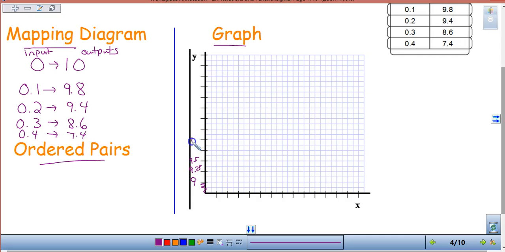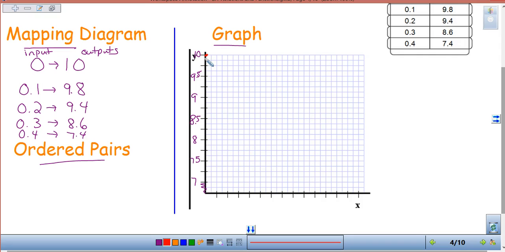Sorry, I take that back. We need to start at 7. So here's 7.5. Here's 8. Here's 8.5. Here's 9. 9.5. Sorry about that. And then we're going to start at 0, 10.